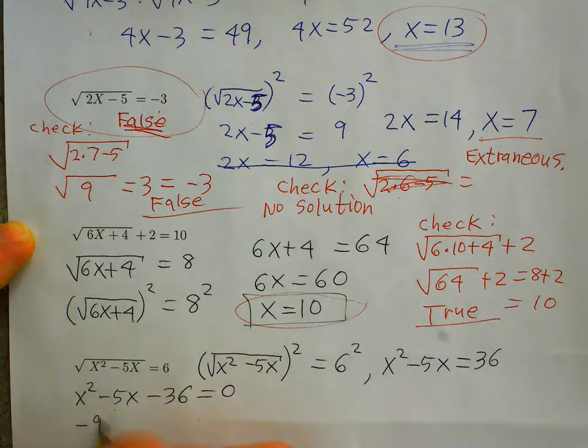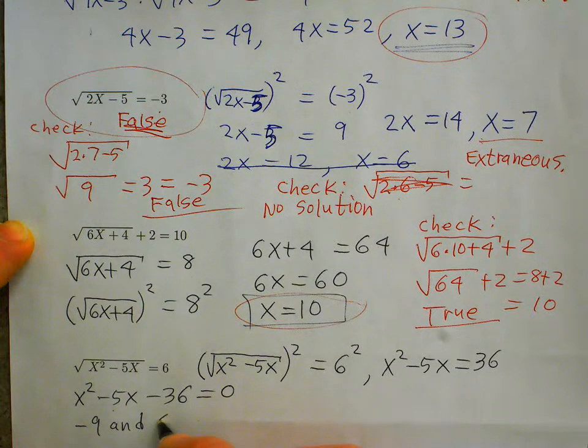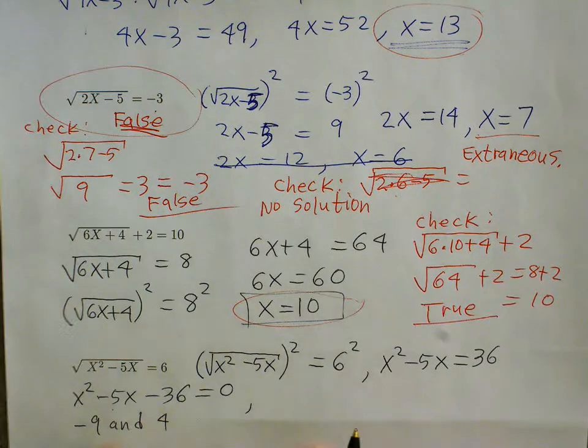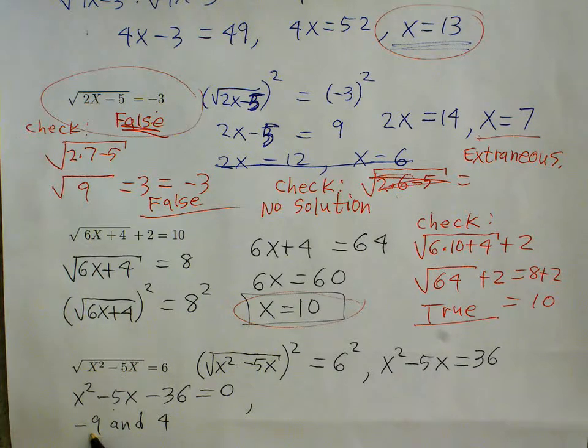So negative 9 and positive 4. I'll remind you of the abbreviated AC method. When the coefficient of x squared is 1, we can just use the integers that we find, negative 9 and 4.